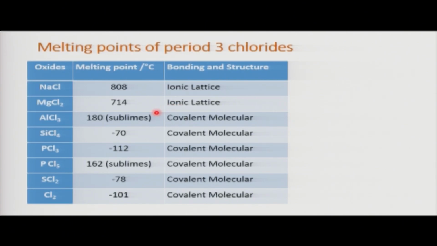In other words, there is attraction between the positive charges of the cations and the negative charge of the chloride ions involved in here. So they have strong forces of attraction. These are molecules. So for them, they exist with dispersion forces which are weaker, and the dispersion forces, as we said, are due to just the molecular size.